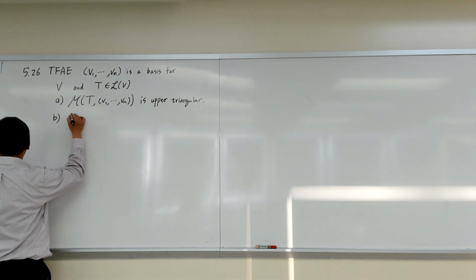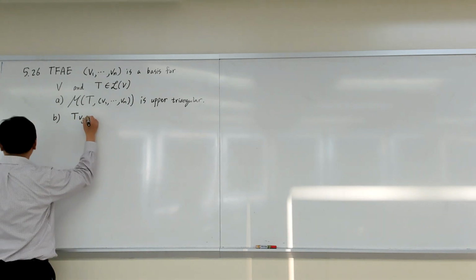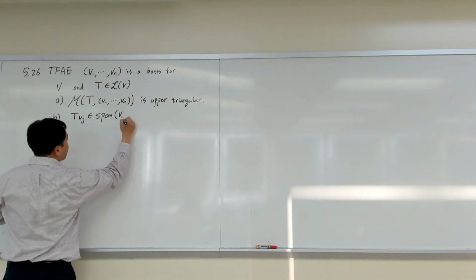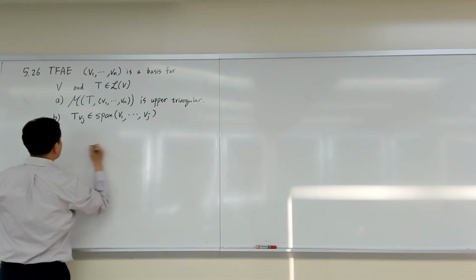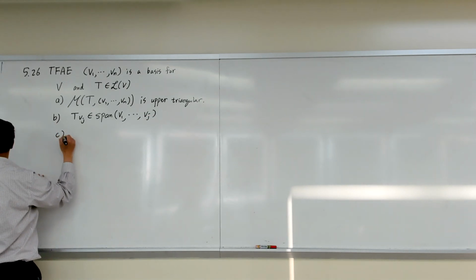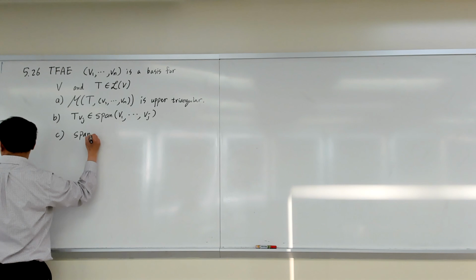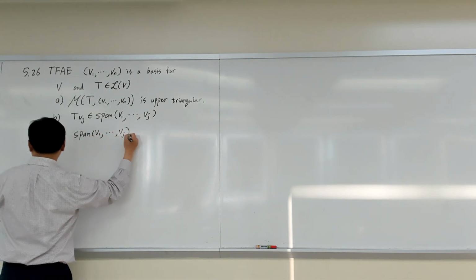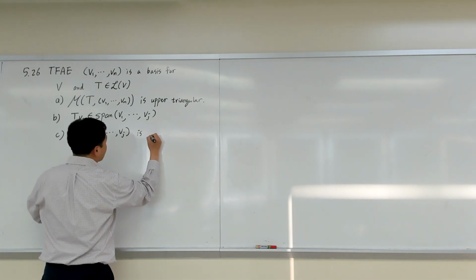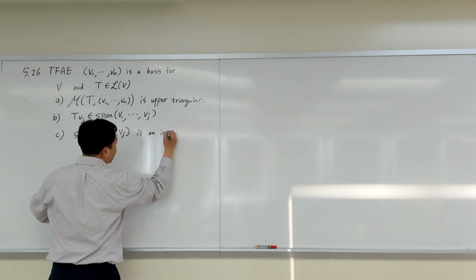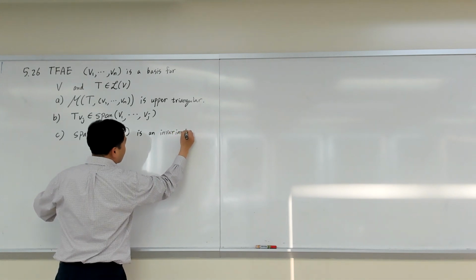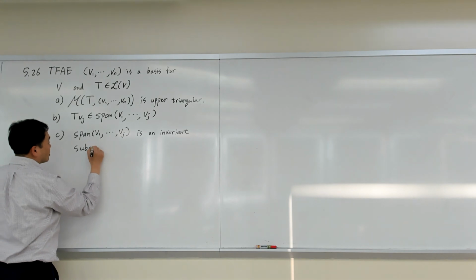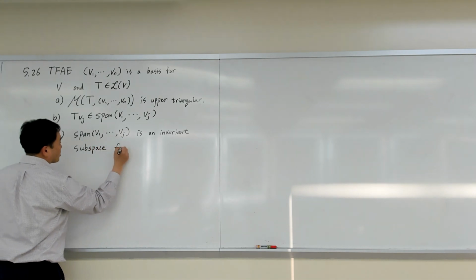One is T vj is in the span of v1 through vj, and the other is that the span of v1 through vj is an invariant subspace for T.